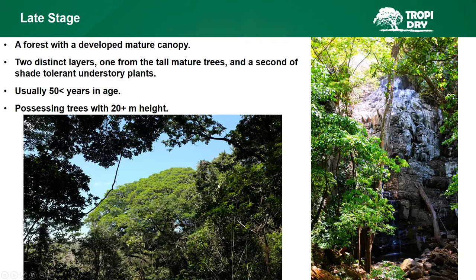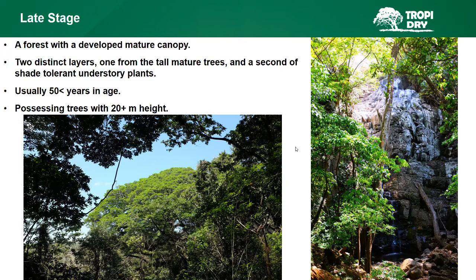They have two distinct layers: the canopy and the understory, which is occupied by shade tolerant understory plants. And this is usually when we see higher amounts of biodiversity, in the late stage, although depending on the disturbance regime, sometimes the intermediate stage can actually occupy just as much biodiversity or even greater biodiversity than the late stage.